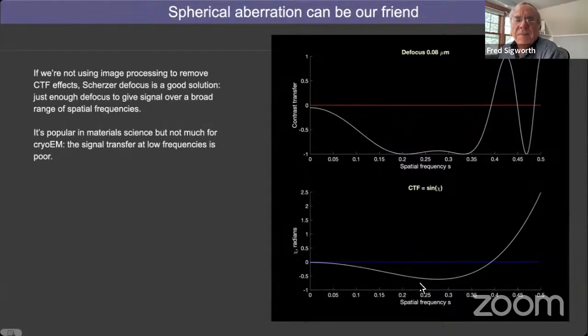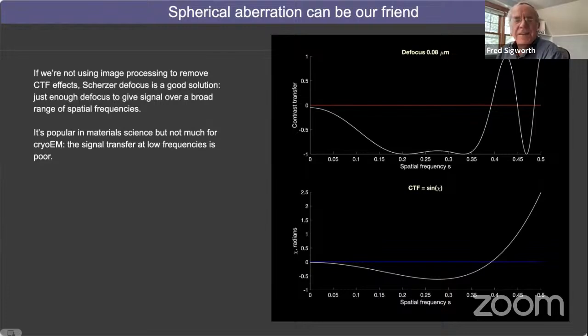And they do that by making the chi function kind of flat. And so they pick a small amount of defocus so that you really get pretty good looking images without any computer processing of the images. And this is called Scherzer defocus.